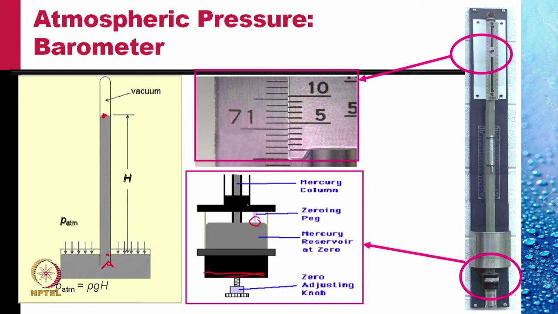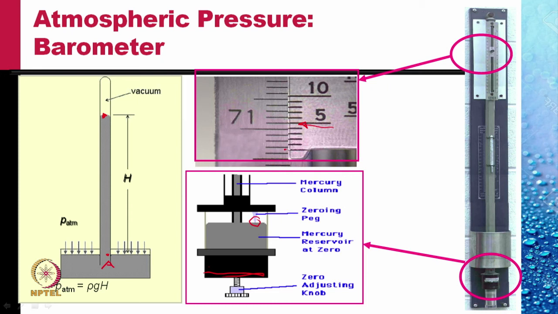In this case, this is what is coinciding here. So it is 70.65 centimeters of mercury, which is the pressure head of atmosphere.